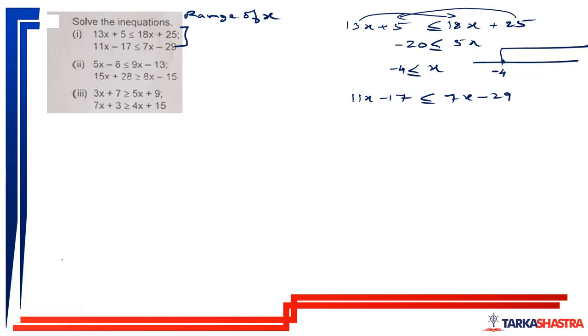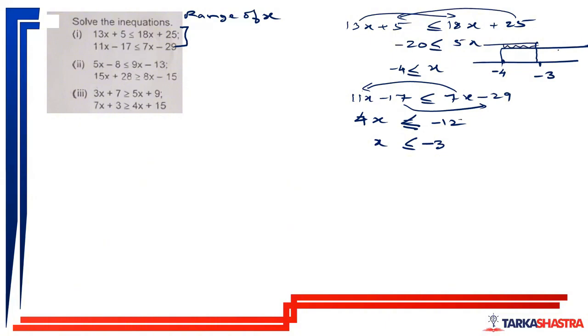So what we have, 7x, if it comes here, we'll be left with 4x, and minus 17 if it goes here, so it is minus 29 plus 17. So minus 12. So x should be less than or equal to minus 3. Minus 12 by 4 is minus 3. So let us say we have minus 3 over here, and it becomes something like this.